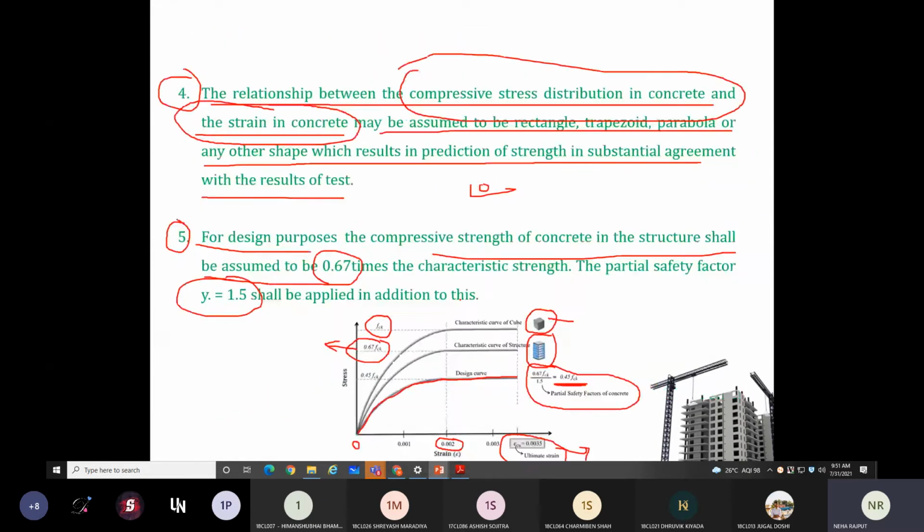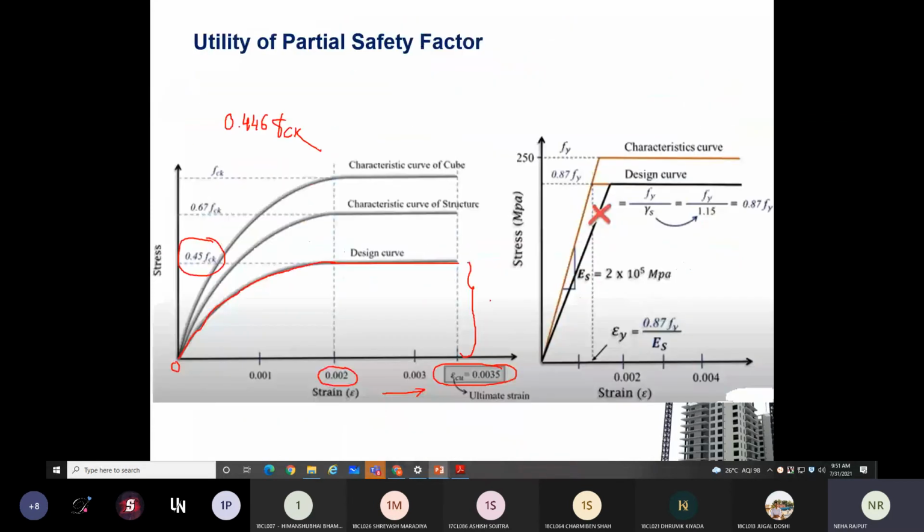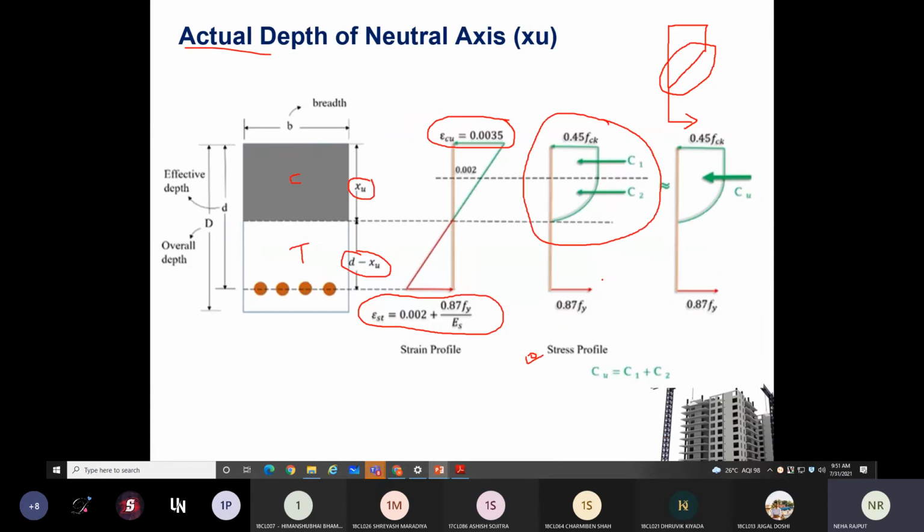How to derive this value, वो हमने आगे देखा है, right? So this is my 0.446 FCK. Now the same is my stress diagram. इसको आप mirror effect ले लो. Over here this is my 0 point, this is my neutral axis, and this is my zero strain.